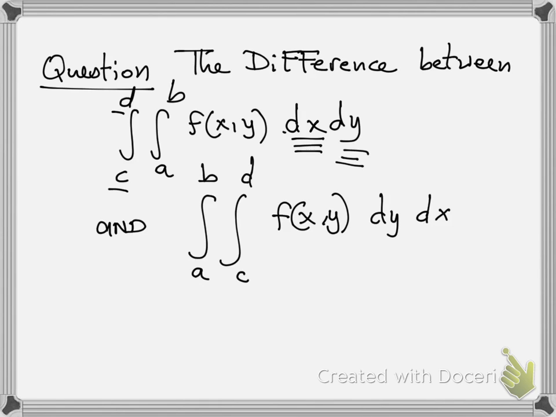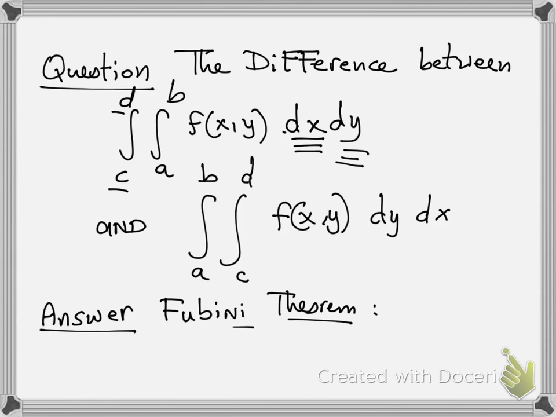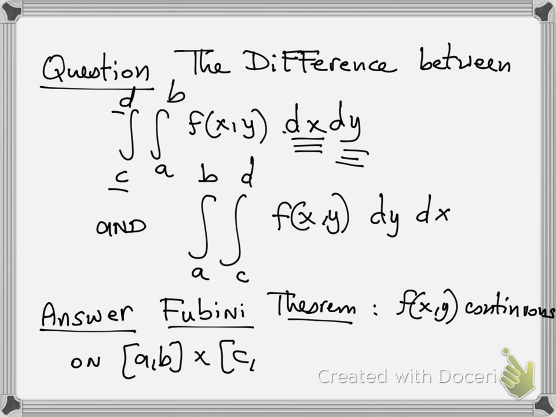Okay. Well, the answer is if f is continuous on the rectangle [a,b] cross [c,d], then actually both integrals are equal. So you can interchange the order of integration. That's actually called the Fubini theorem. So you have f of x, y. Of course, you need f of x, y to be continuous on, let's say, [a,b] cross [c,d].